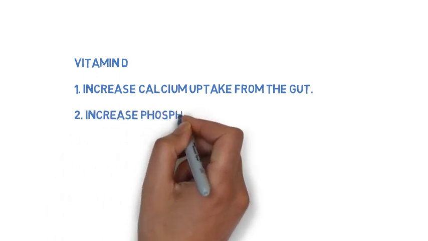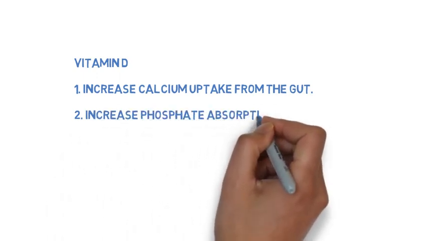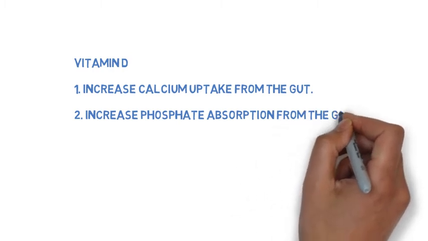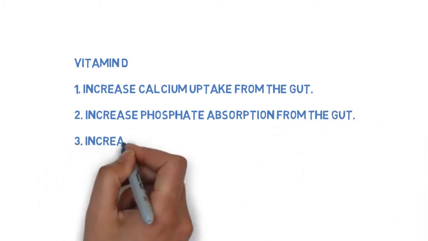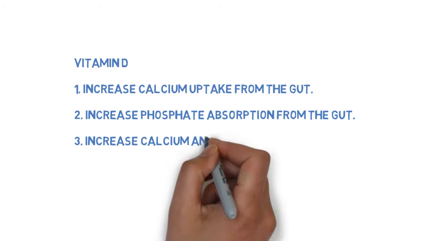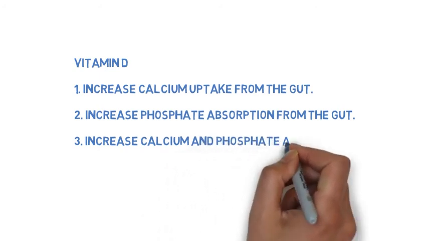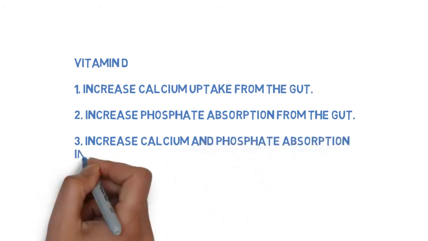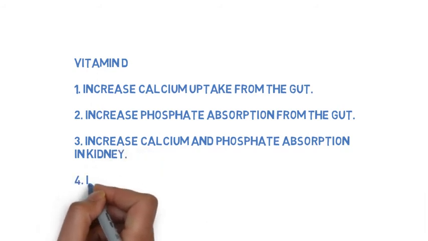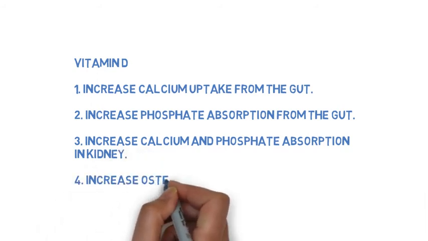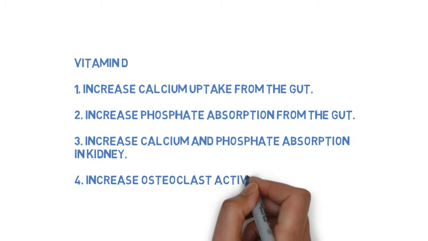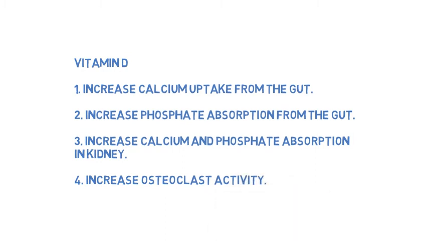So also the second hormone that helps regulate calcium is vitamin D, and vitamin D does this by increasing calcium uptake from the gut. It also increases phosphate absorption from the gut, unlike parathyroid hormone, which increases phosphate excretion from the kidneys.